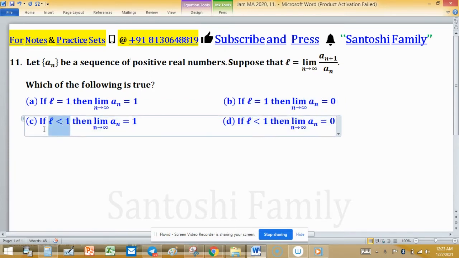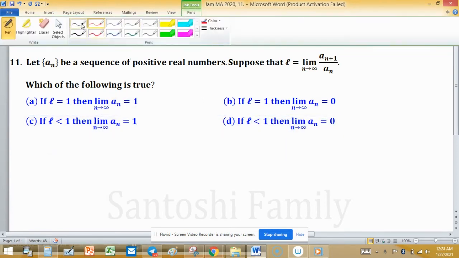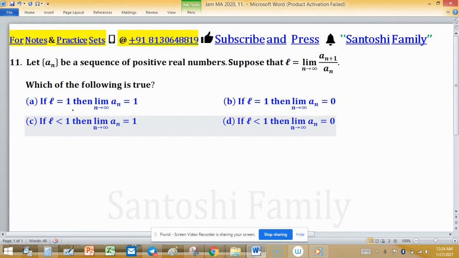If L less than 1, then limit a_n equal to 1. If L less than 0, then limit of a_n equal to 0. These four options are about the limit of a_n when L is either equal to 1 or L less than 1. Then it asks about the limit of a_n.